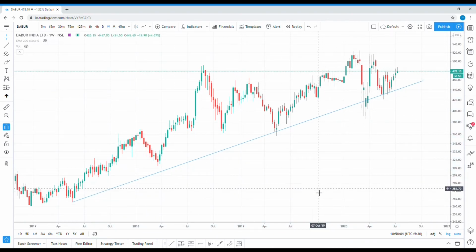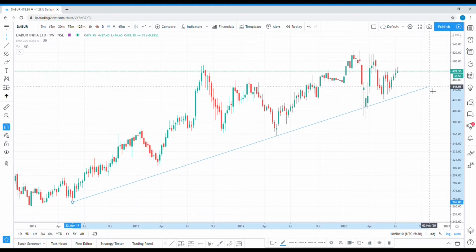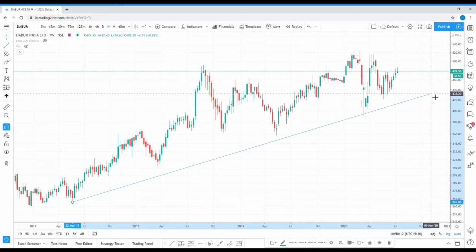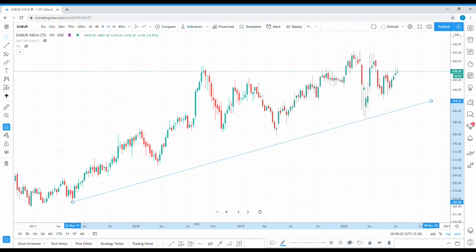Sometimes people say to match wick to wick. If you match the wick and body of the candle, which I've explained in my previous video, please check it, it will help you. If you match wick to wick, it will not match that many points, right?